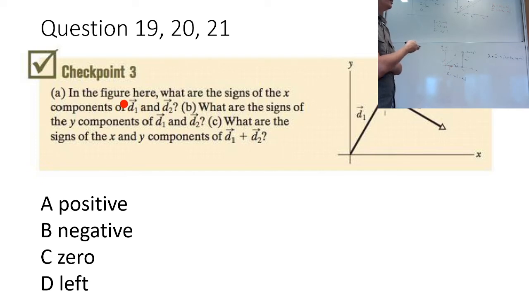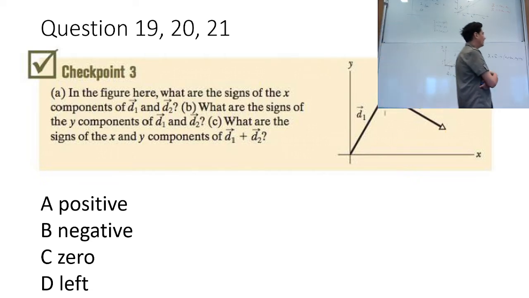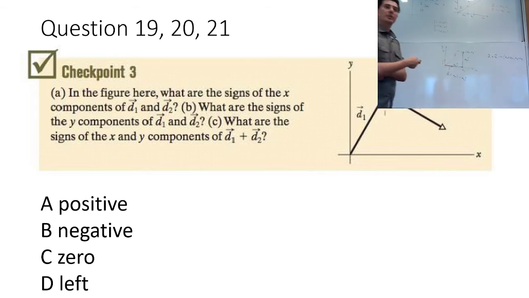I think what we were supposed to say in A was that d1 has a positive component, d2 also has a positive component. D1's y component is positive, and I think d2's is negative, yes? So actually it's a two-part question for A and B. And then C is what I immediately jumped in and answered, which is the sum of these two, which are positive. I think the question is so simple I confused myself.